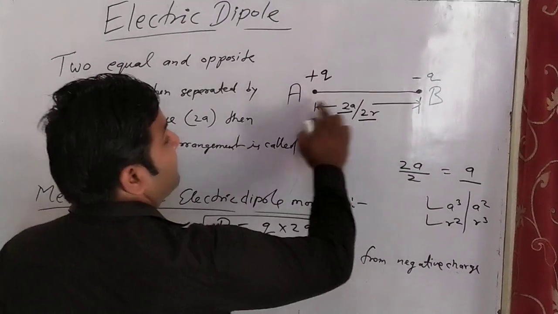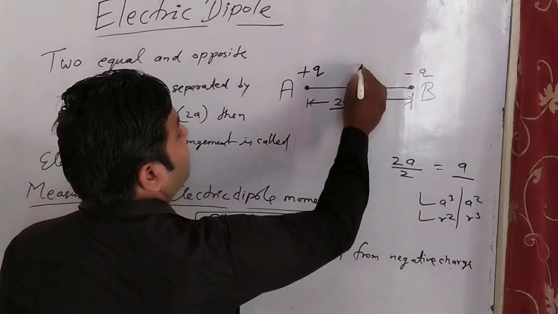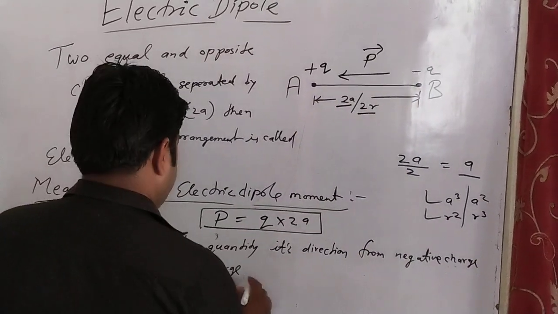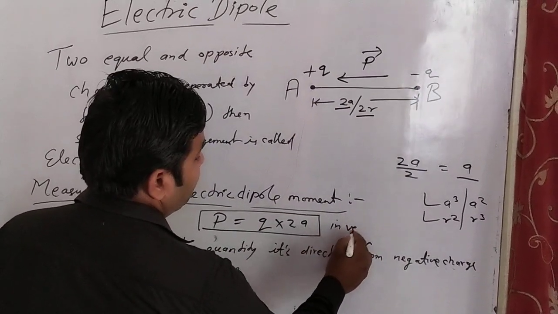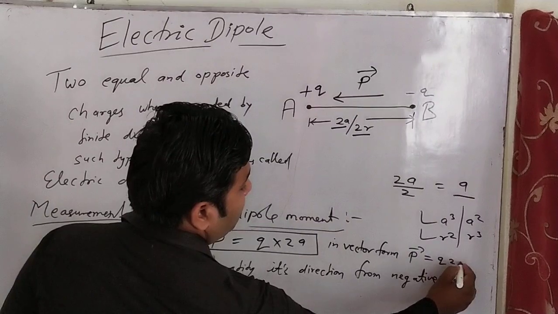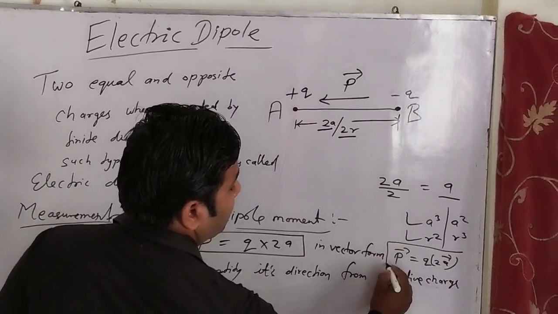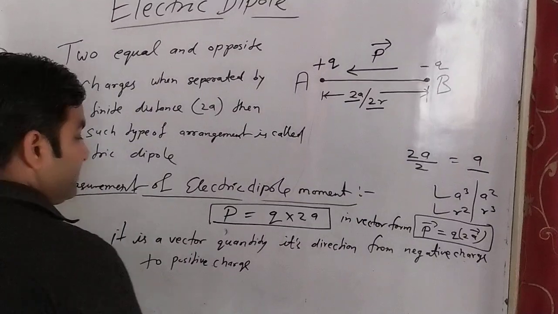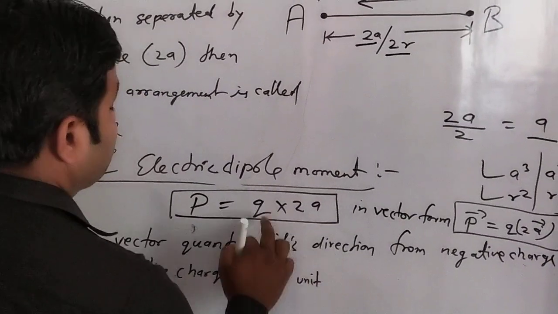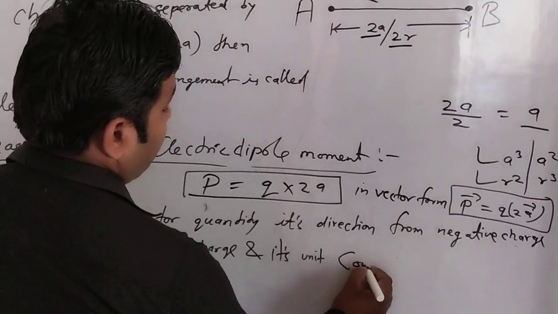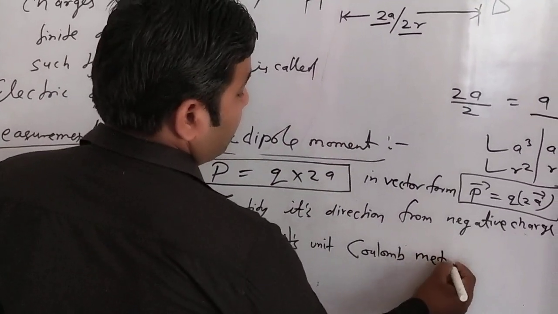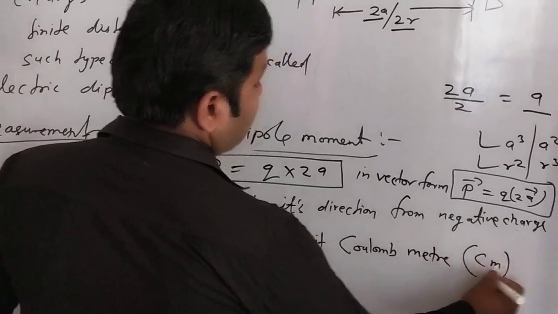Suppose this is the dipole, a negative charge and a positive charge, then the dipole moment vector P is directed from B to A. In vector form, this can be written as vector P is equal to q into 2a, and its unit is very simple: charge unit is coulomb and distance is always measured in meter, so coulomb meter, C m for short.